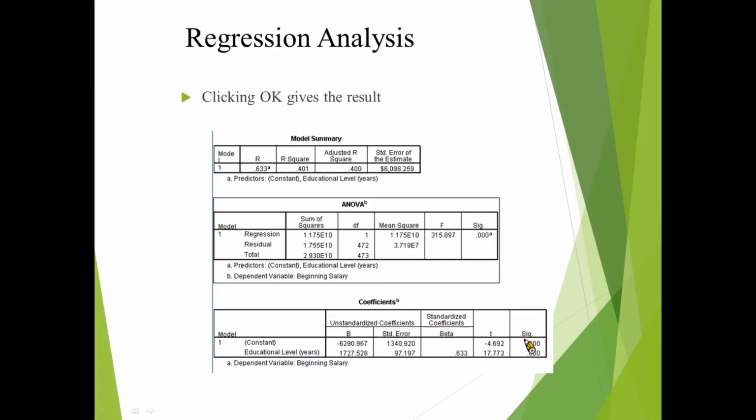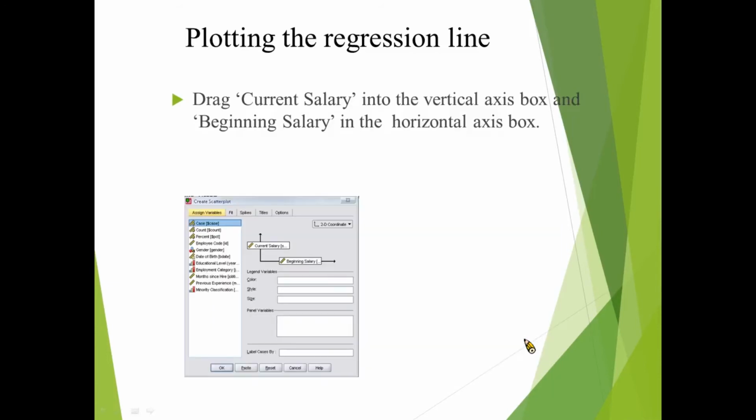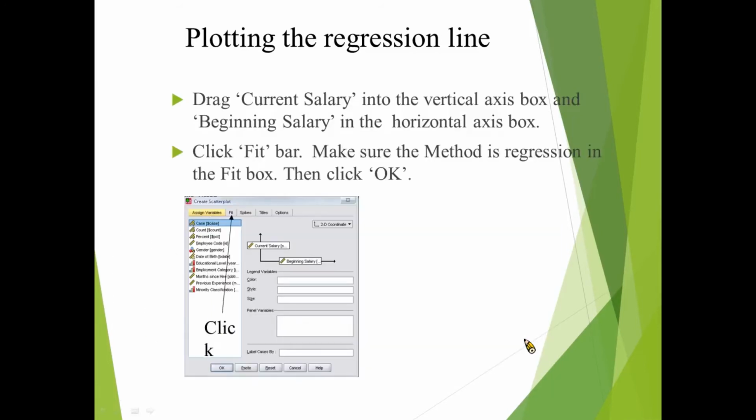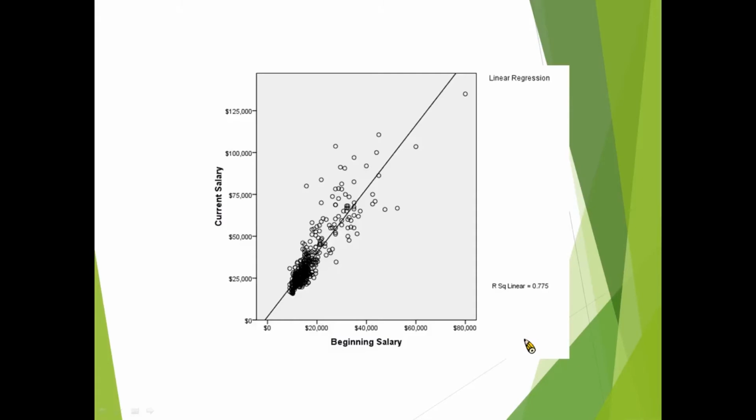And this is a regression analysis. So the SPSS has a lot of functions. In this course we will cover some. And this is the linear regression. You can see this is the slope, this is positive.